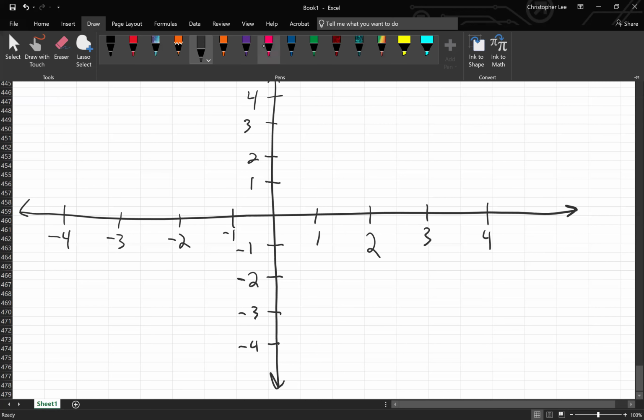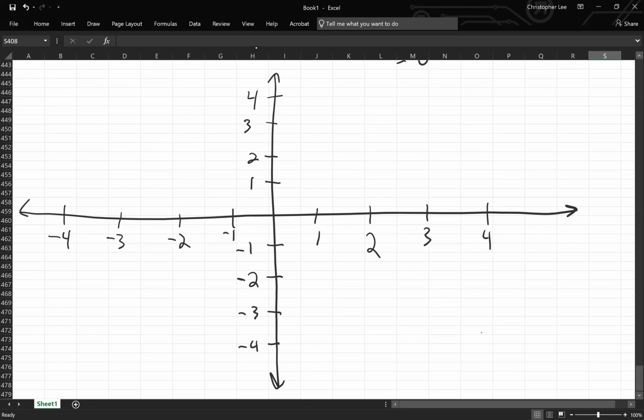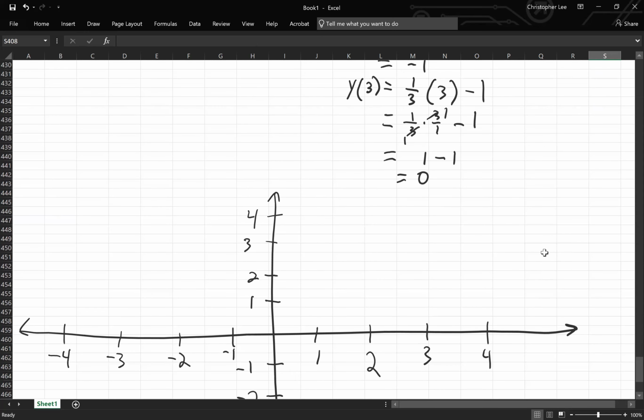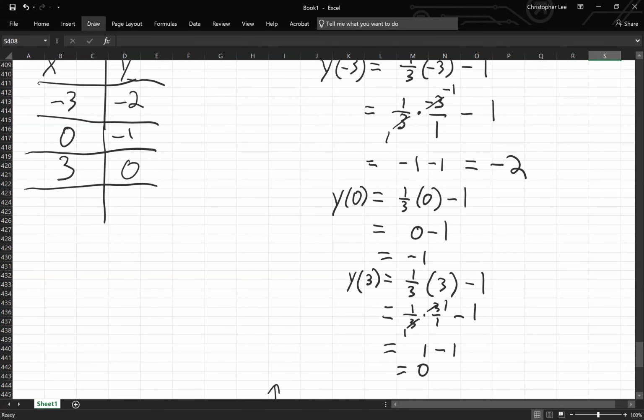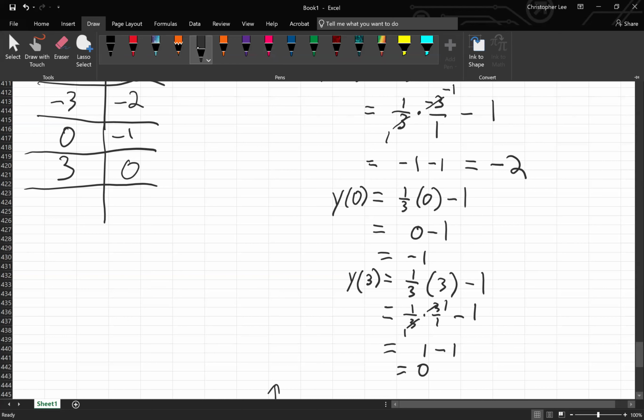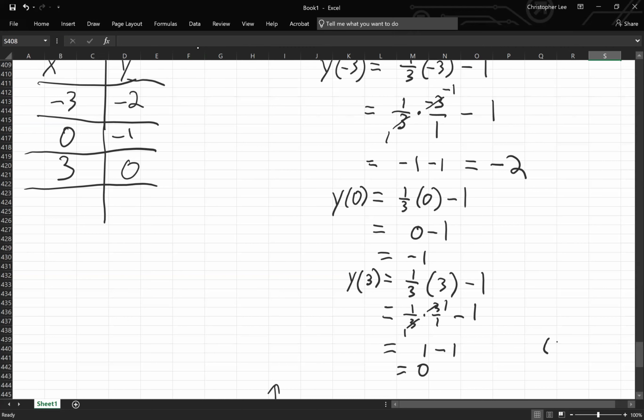So here's what we want to do, right? I want to get these points on this graph. Let me just recap what my points are from the table. Remember, a point is x comma y, right?